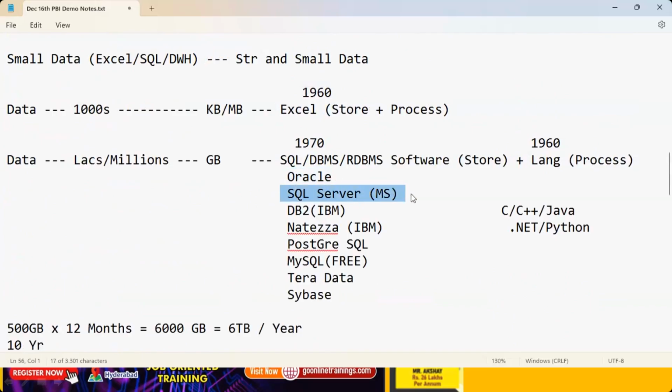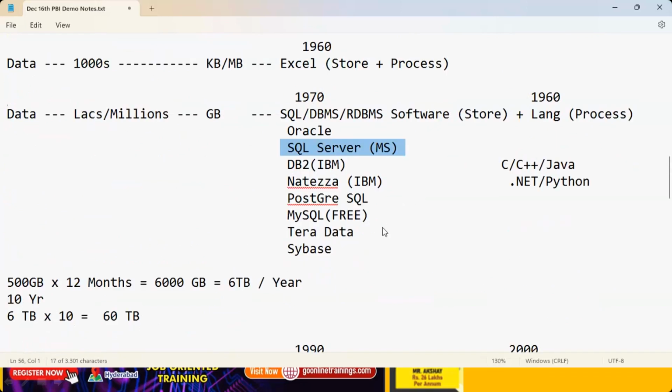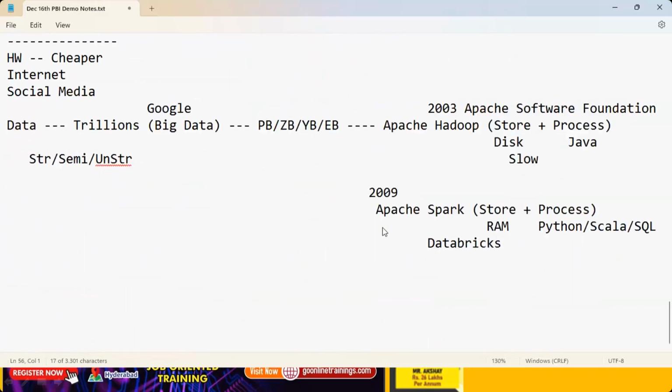Microsoft's RDBMS software is SQL Server. You have to learn SQL Server. Let me give you what SQL Server is all about, and let me give you the history.